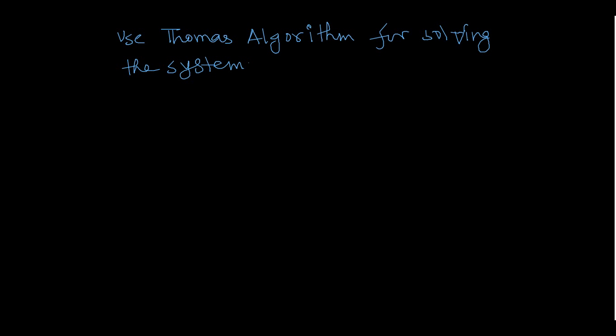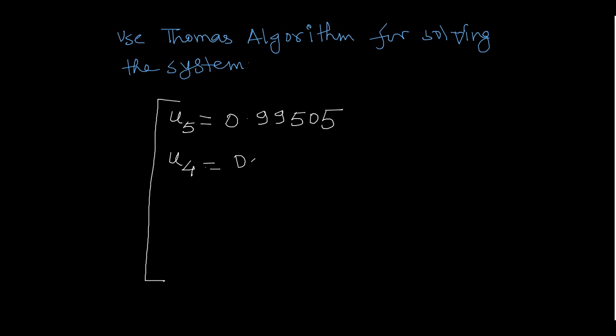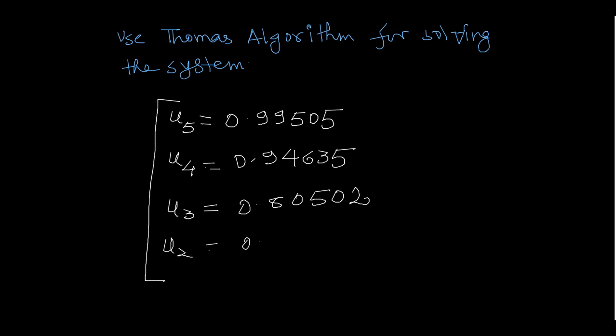I'm just writing the answer for this. After applying the Thomas algorithm, you'll get U5 equals 0.99505, U4 equals 0.94635, U3 equals 0.80502, U2 equals 0.58402, and U1 equals 0.30749.